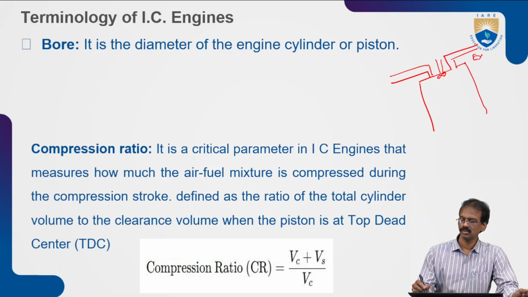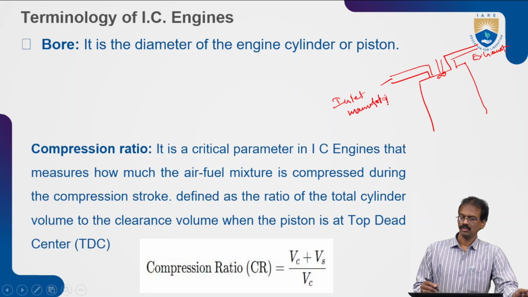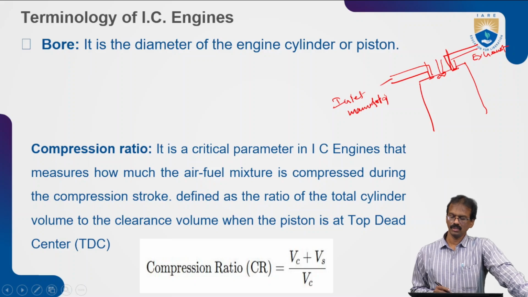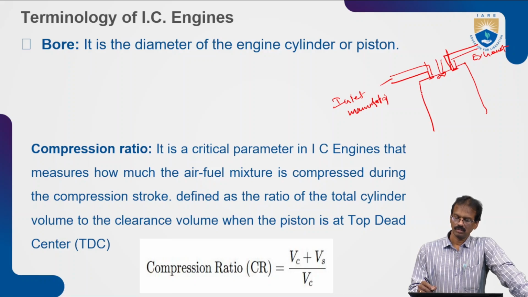This is the exhaust manifold, inlet manifold, in which the inlet valve and exhaust valve are placed. This is the TDC, top dead center. This one is the BDC. In between TDC and BDC, the piston will reciprocate like this. This one is the crankshaft.